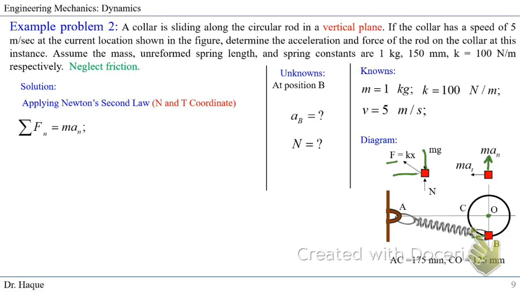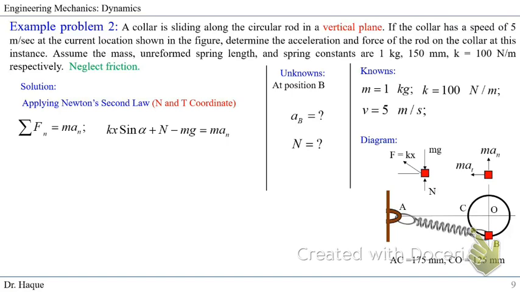And since the collar is moving this way, the tangential component, the tangent at that location, would be this direction. So we have the normal acceleration m a_n, and the tangential acceleration in this direction.